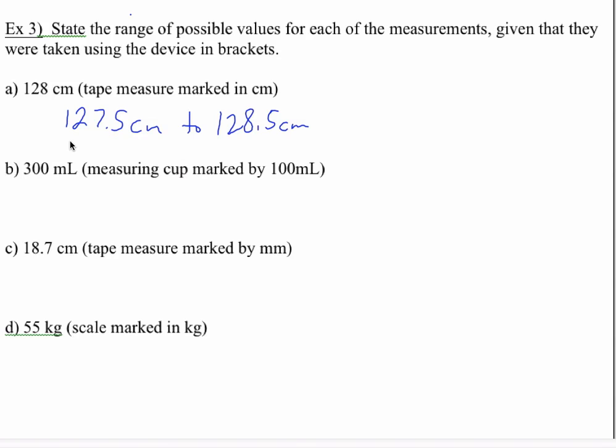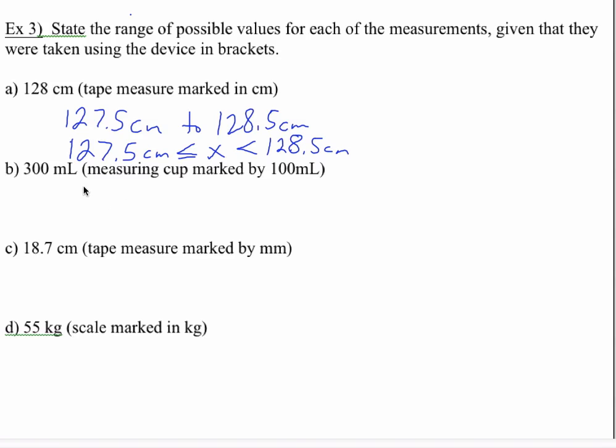The length could be anywhere from 127.5 centimeters. It could be equal to that actually, and it could be anywhere up to 128.5 centimeters. If it was exactly 128.5 centimeters, you'd round it up to 129, so it can't be equal to 128.5.